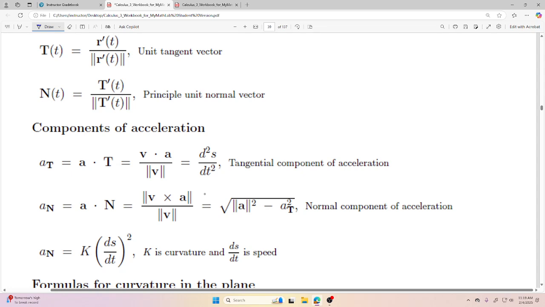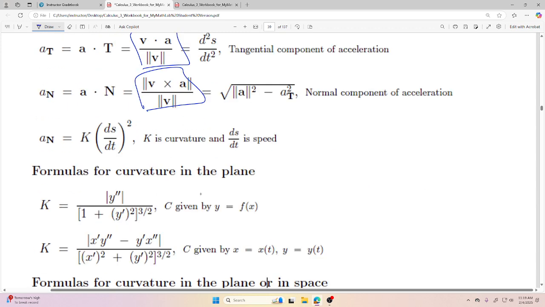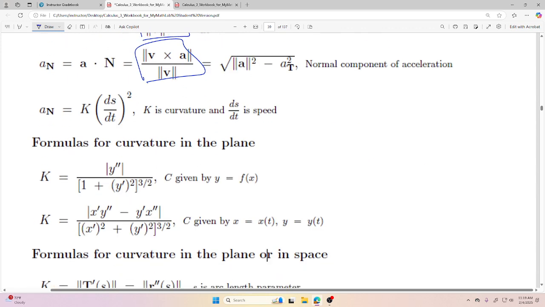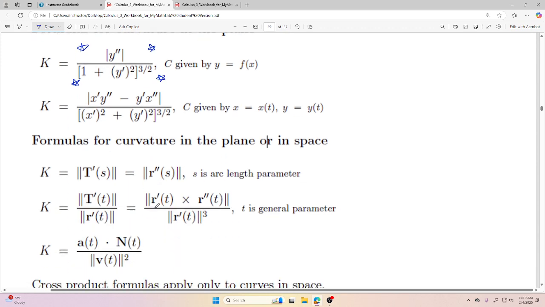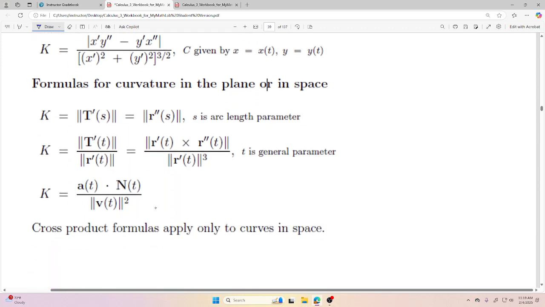I stole these from the other book because the other book has better formulas. The formulas I like to use for this are right here and right here. Occasionally this one's better, but I like those two. The curvature formulas are really nice. This one in particular is super awesome. I would say definitely we need that for our notes. And then you could use this one; I've used it once in a while, not often.